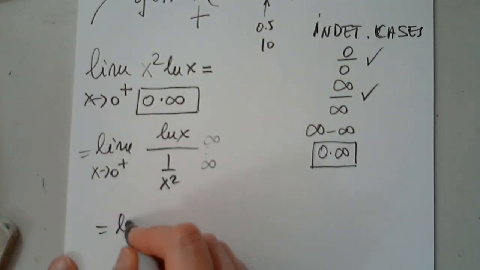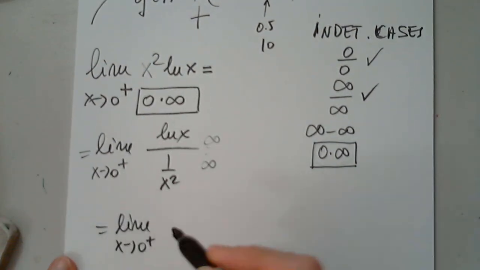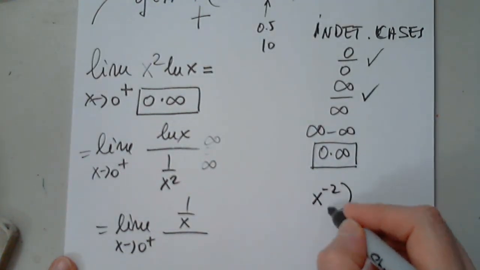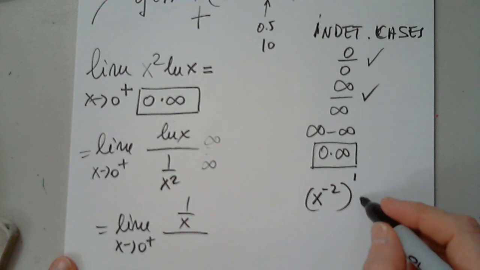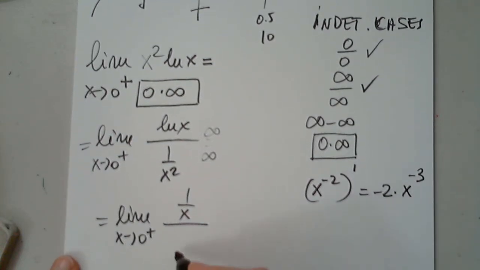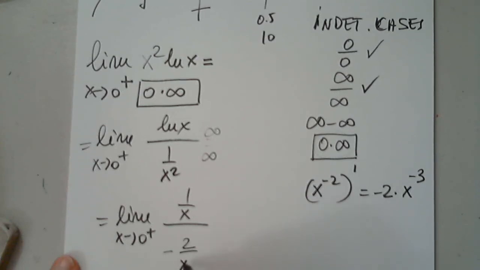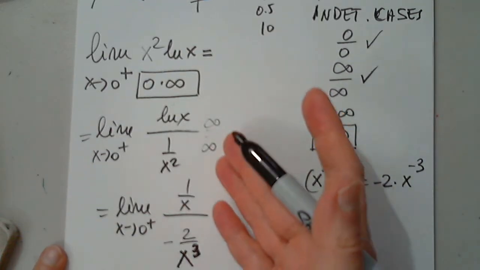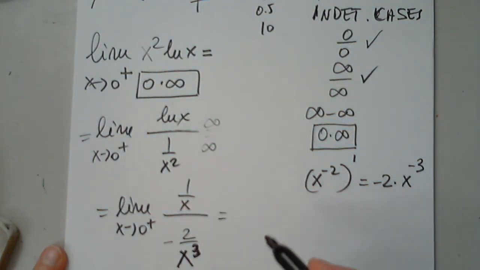So now when I differentiate the numerator, I get 1 over x. Remember, the denominator is x to negative 2. When I differentiate this, I get negative 2 x to negative 3. So this will be negative 2 over x to the third. I want this to look like a power. And then when I flip, you will see we get 0.